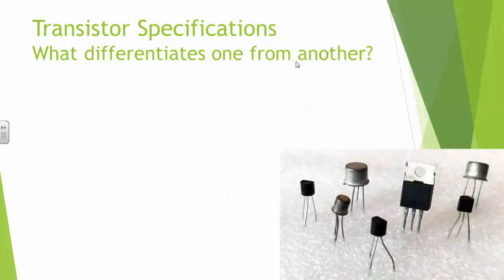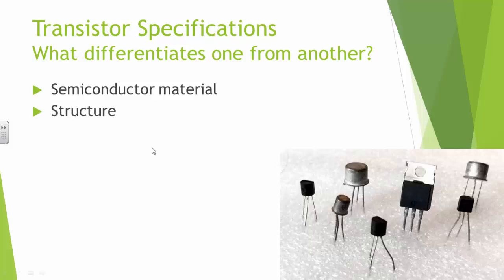Okay, so there are literally thousands of different transistors. So what's the difference between them? What makes them different? What makes them unique? Well, they're made of different semiconductor materials. They're structured differently. You can see some of the structures here. You can have PNP versus NPN.